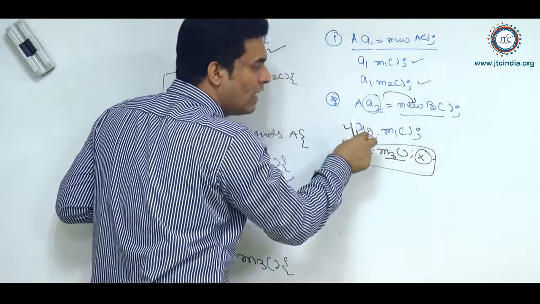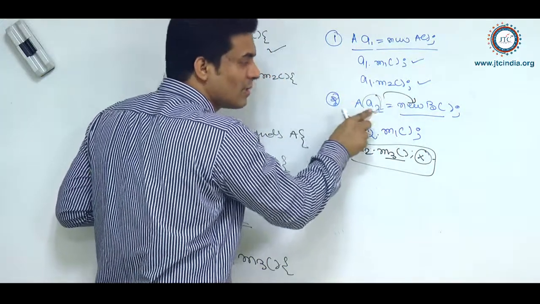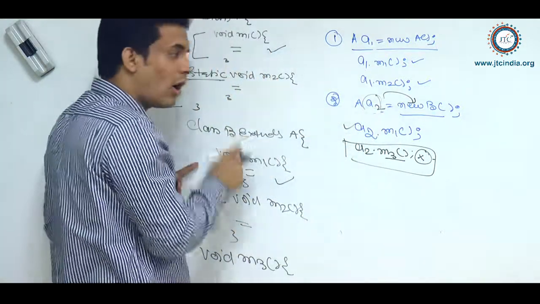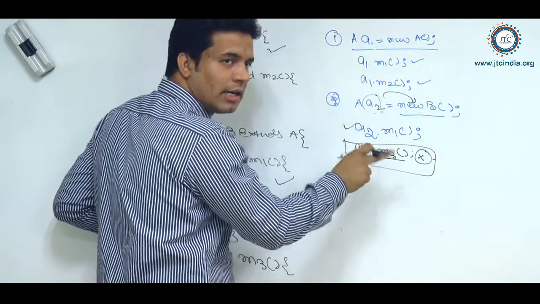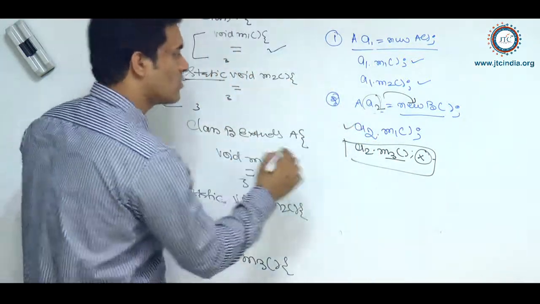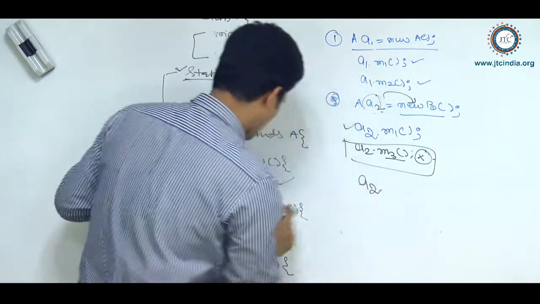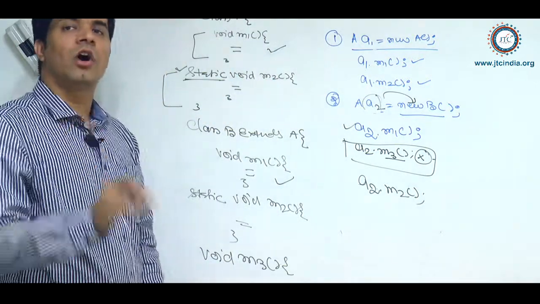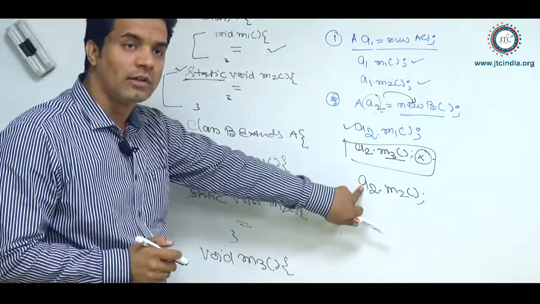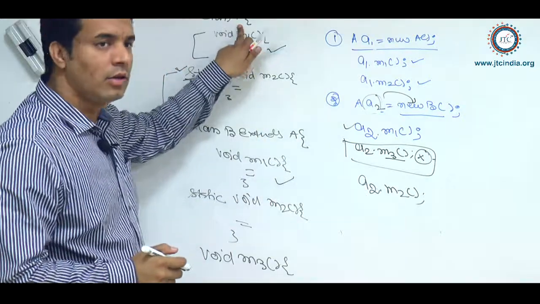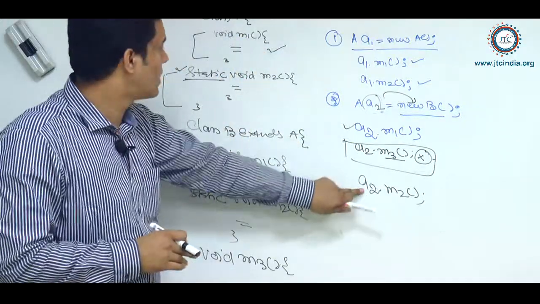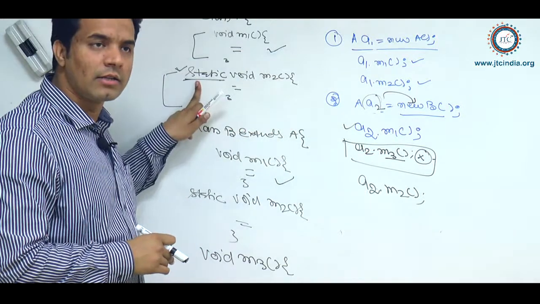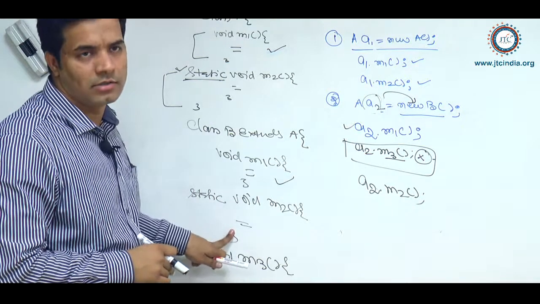So if you call an instance method with A2 and the method is available inside the subclass, it will call it from the subclass. Clear? Next, when I call A2.M2, as I told, the M2 call always depends on the type through which you are calling. A2 is of type A, so it will go directly and call the M2 method from class A, because it is a static method. It will not call the subclass implementation.